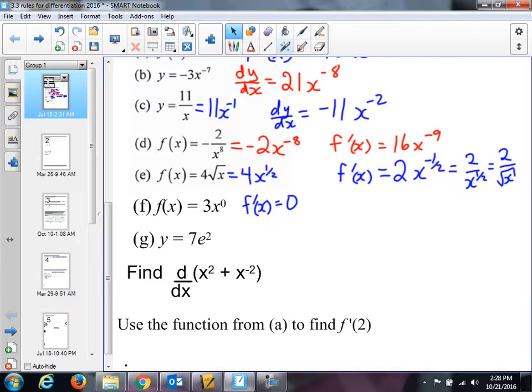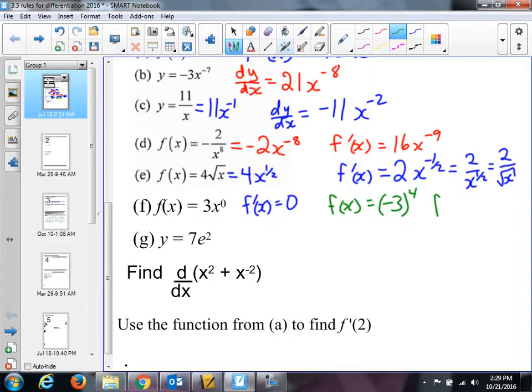So what if I said, if I just make up another one here, f of x is equal to negative 3 to the power of 4. What are you going to tell me f prime of x is? Is there any x? Is there any variable in this?